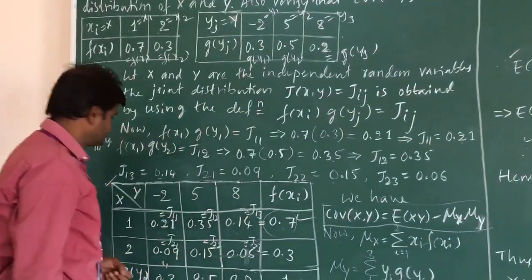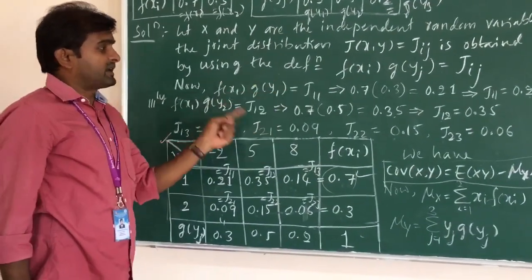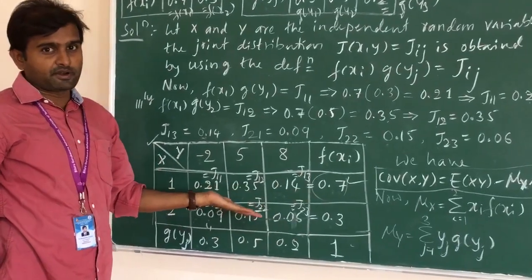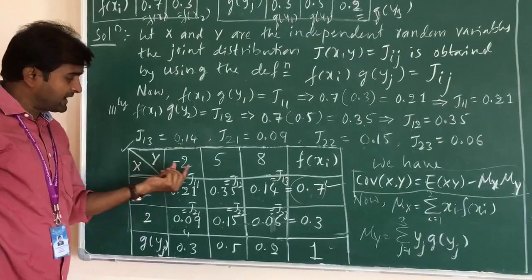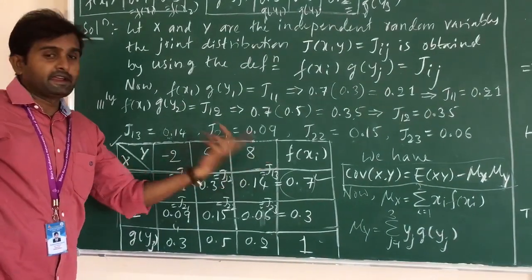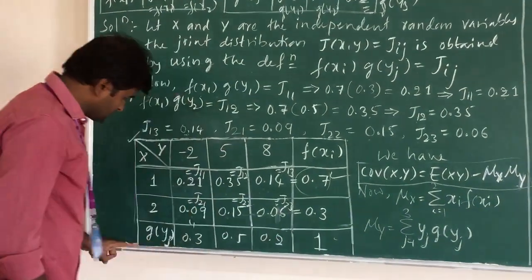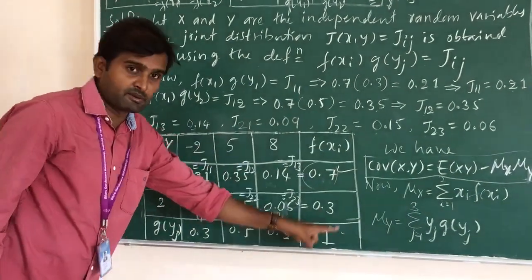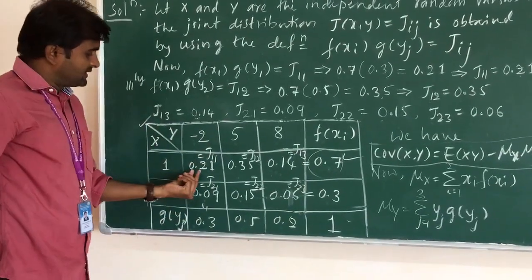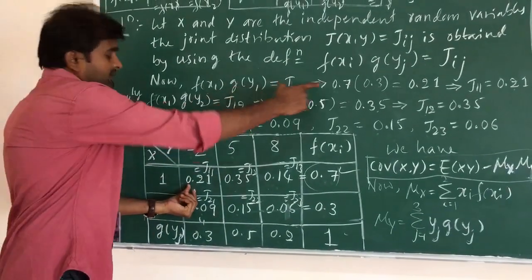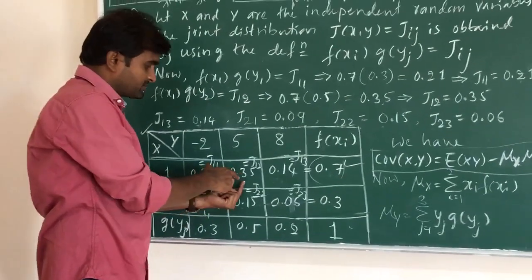After finding these, I am replacing these values in the table format. X has values 1, 2 and y has -2, 5, 8. These are the marginal distributions, for random variable x and random variable y. Now J11 is 0.21, J12 is 0.35, and so on.